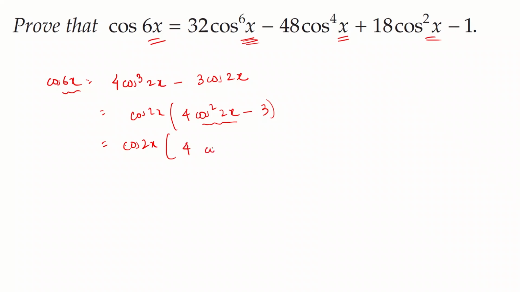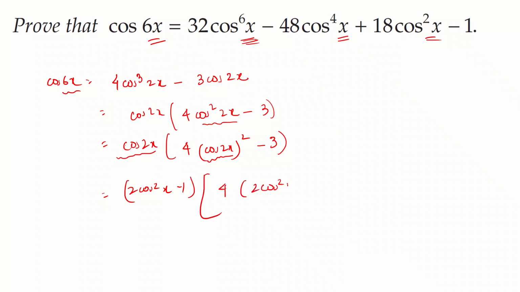So 4 cos 2x the whole squared, we can write it down like this, and then we can apply the formula for cos 2x, which we already know, 2 cos square x minus 1, and we will also use the same formula over here, 2 cos square x minus 1, whole multiplied by 2 cos square x minus 1, the whole squared, minus 3. And I think on just simplifying this to its simplest form, you will get the answer.